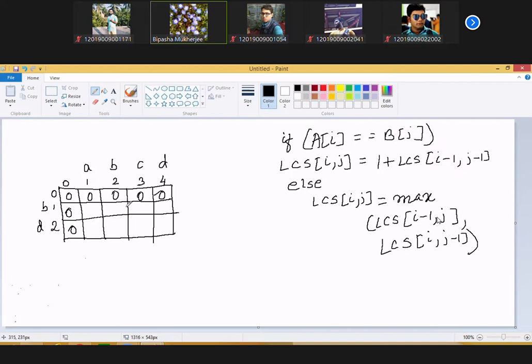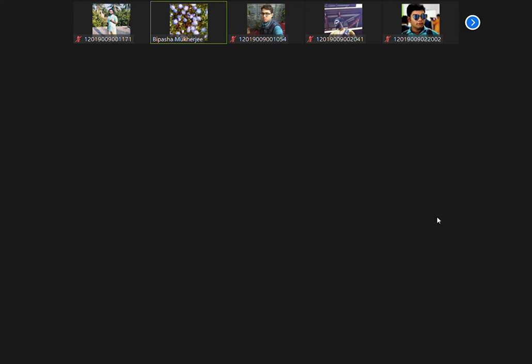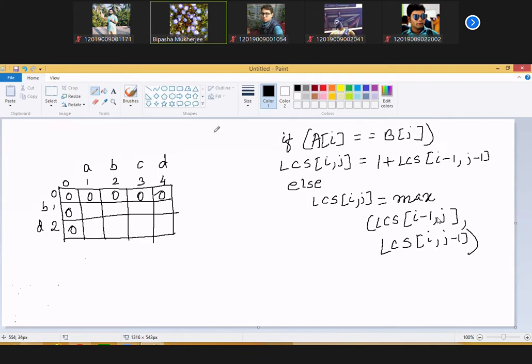But longest common subsequence means two strings may be given, and you are finding how much of one string is present in another. That may be a gene sequence, that may be anything. If you need to do that kind of thing, obviously you need to use this algorithm, not the recursive one.